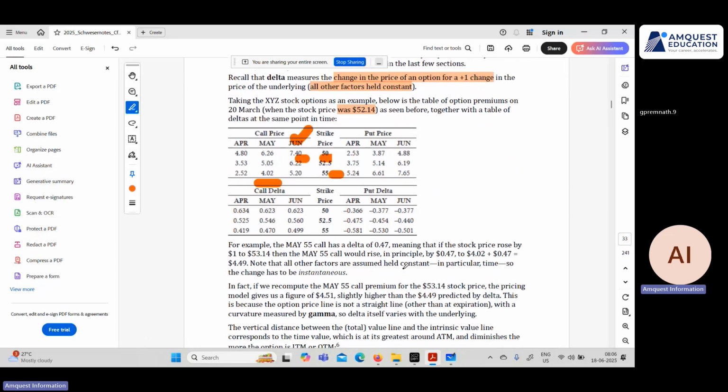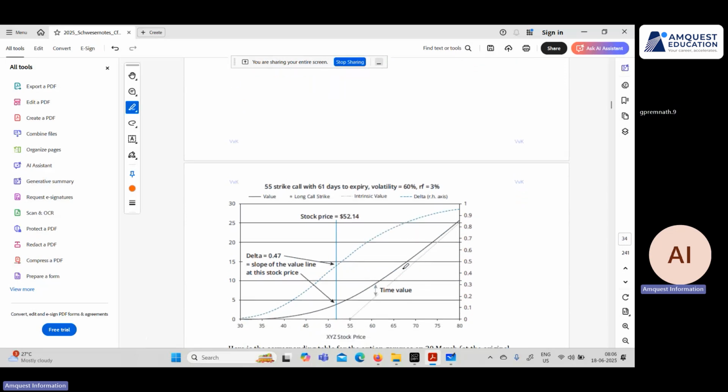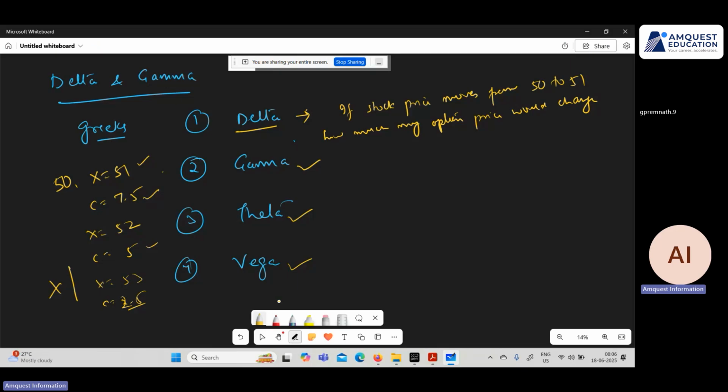There's one more thing that they mention, and I can also create this graph. Before we proceed, I just want to tell you the limits of delta.